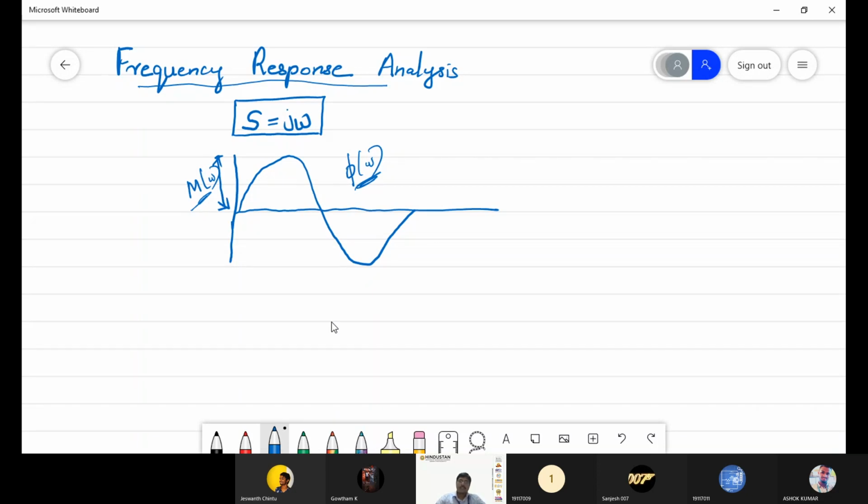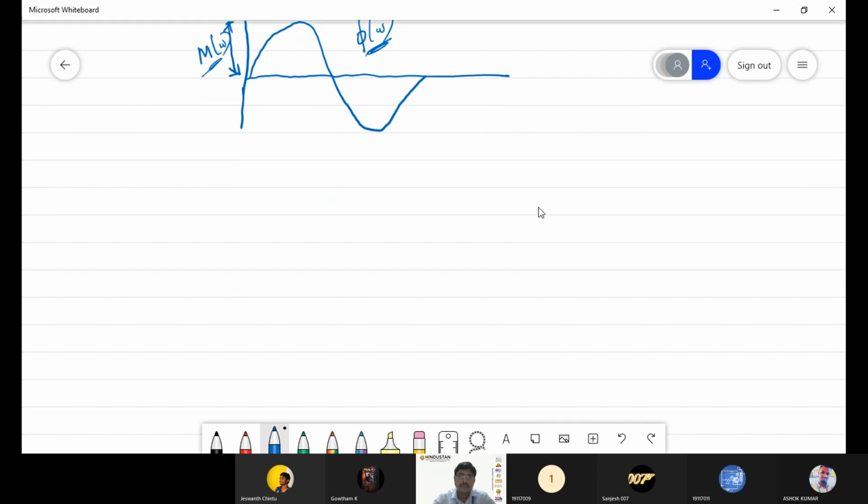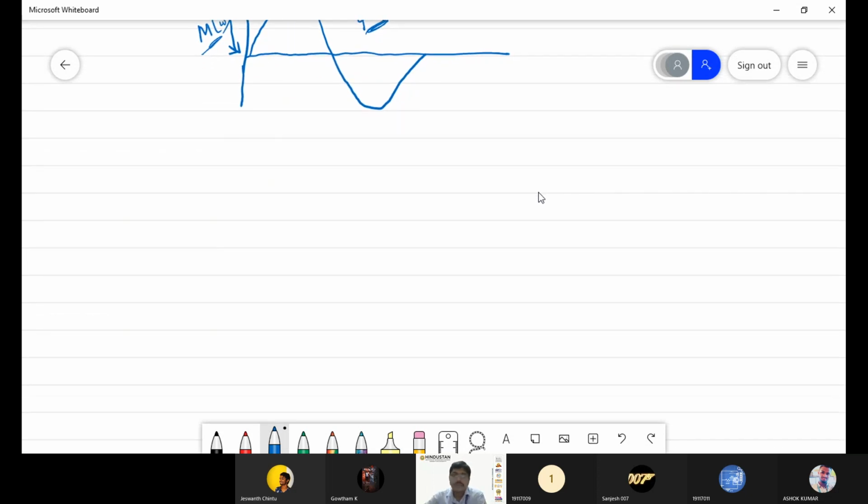I am writing the generalized transfer function.